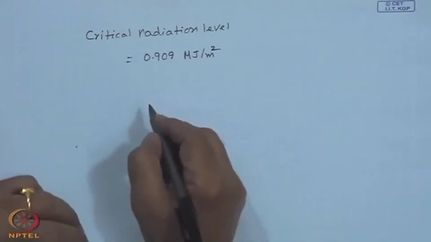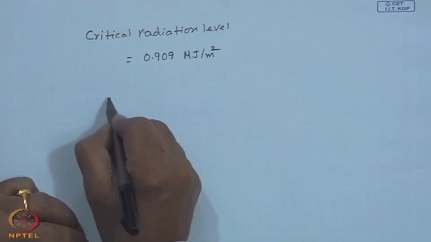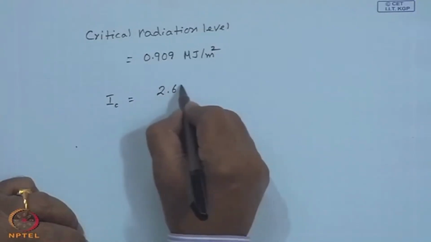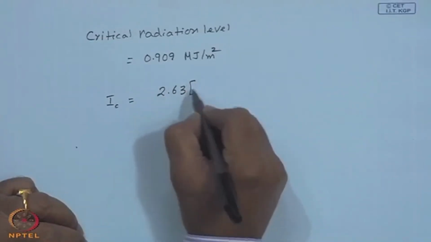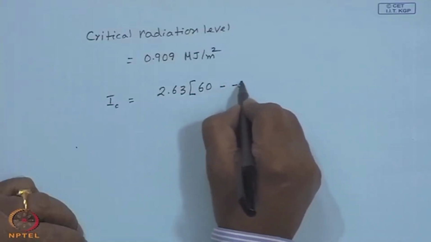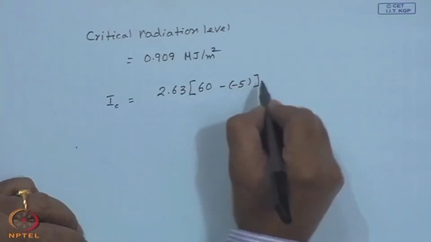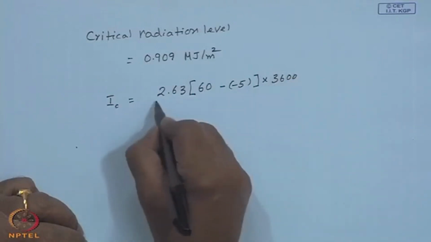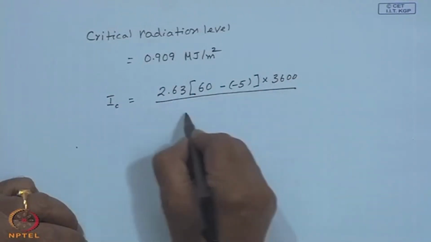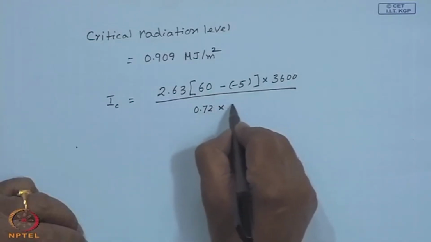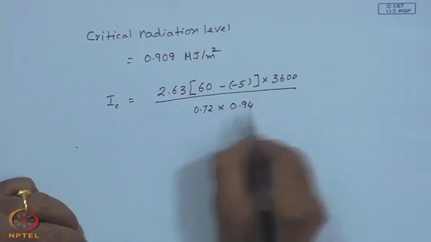This is where I wanted to continue from here. So, this Ic equal to 2.63 times 60 minus 5 times 3600 upon 0.72 into 0.94.